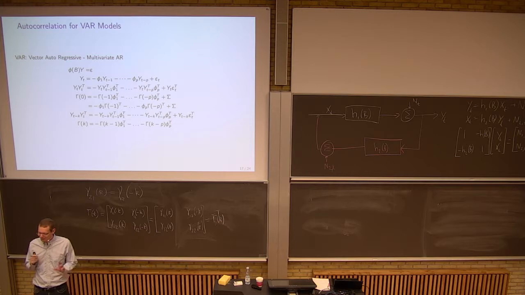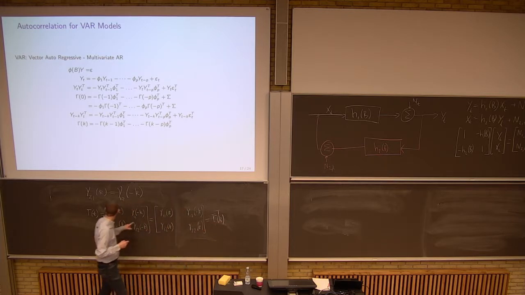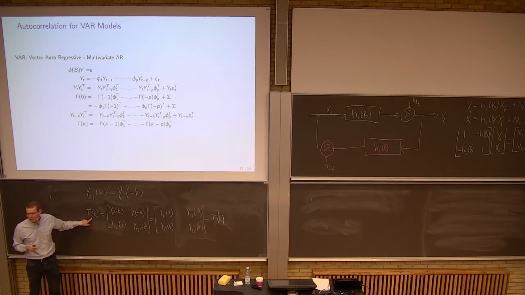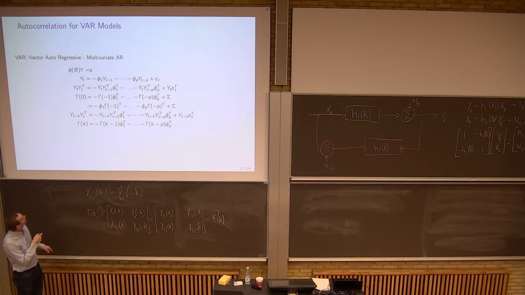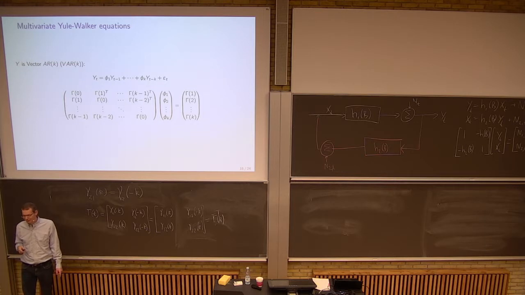Gamma of 1 transpose, as I have it right there, is equal to gamma of minus 1. And that's what I have here. But here I have it so that all these arguments in here are positive, because k is the maximum order that I'm going to.